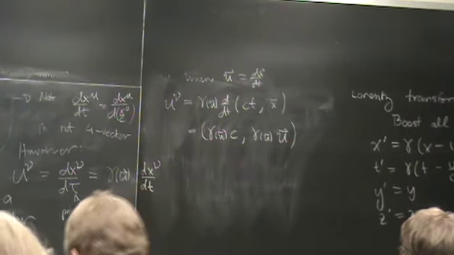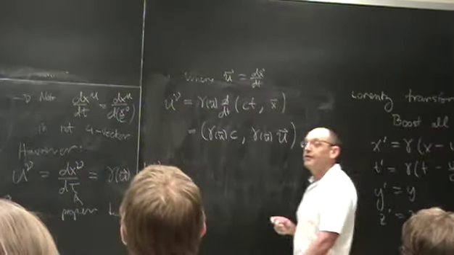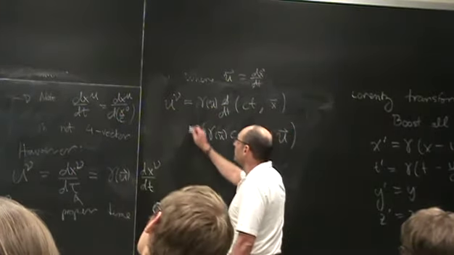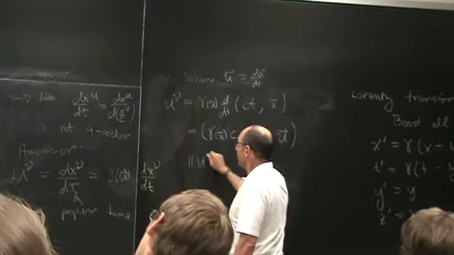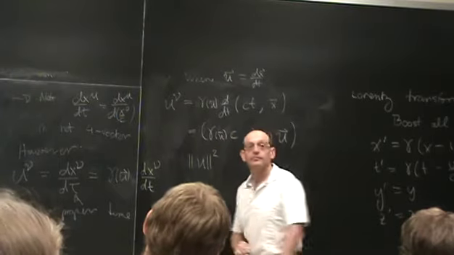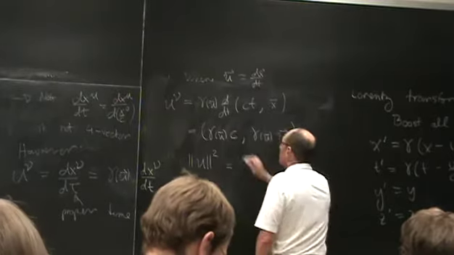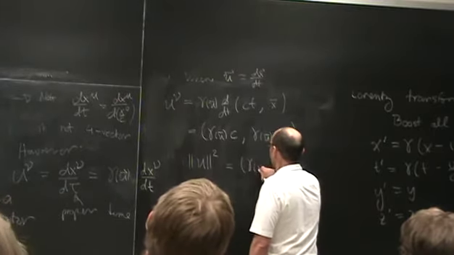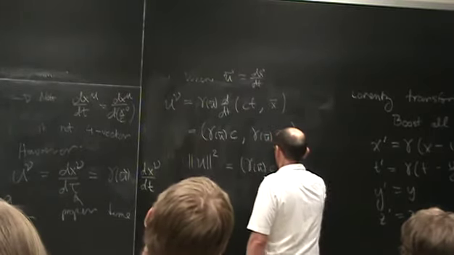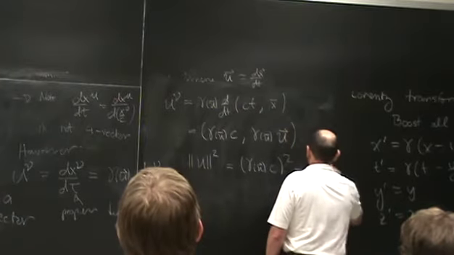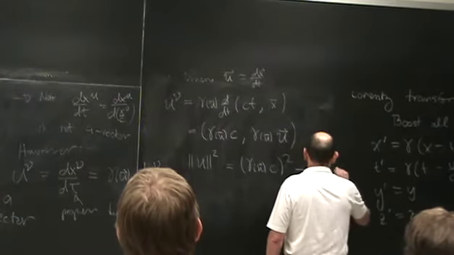So, now we can ask ourselves, what is the norm squared of this four vector? That's equal to the time component squared minus the spatial component norm squared.